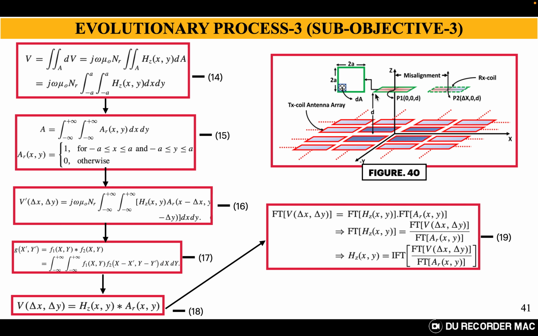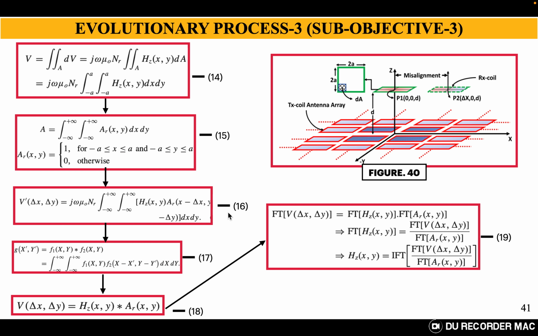That means when it is perfectly aligned, the total amount of magnetic field is captured by the receiver coil. The moment there is a misalignment, when it moves outside minus a or outside a, the effective area becomes 0. That's what equation 15 is.